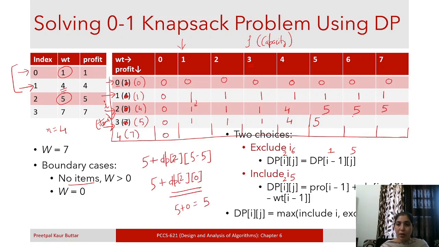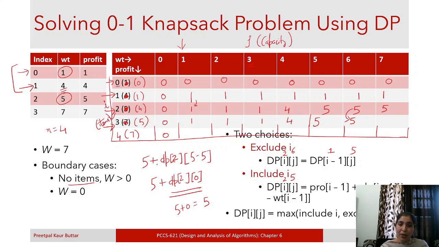Okay, so now let us go here. Now the capacity of the knapsack is increased by 1, it has become 6. So when you exclude this item, the profit you can earn is 5.